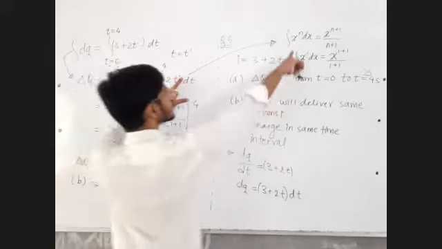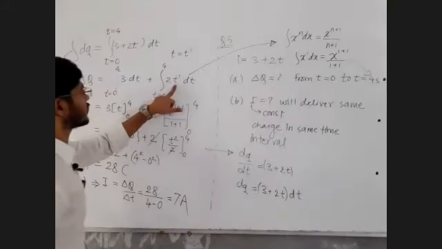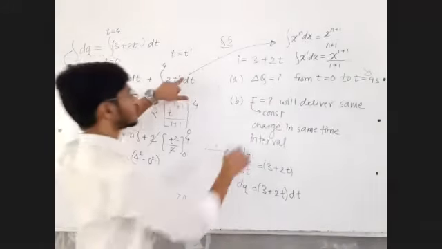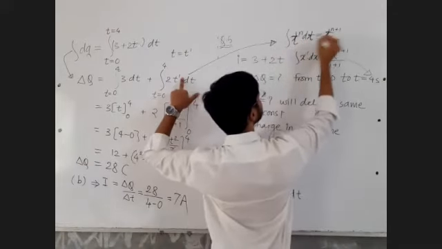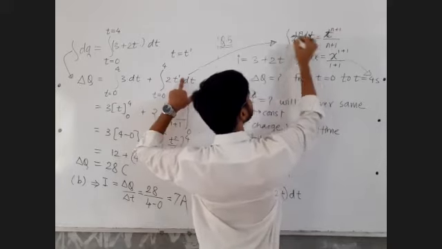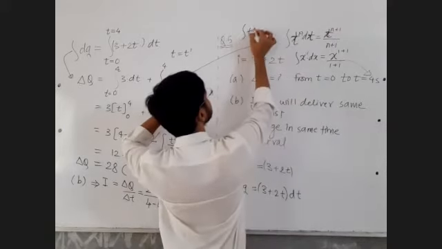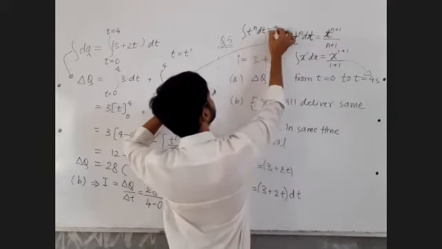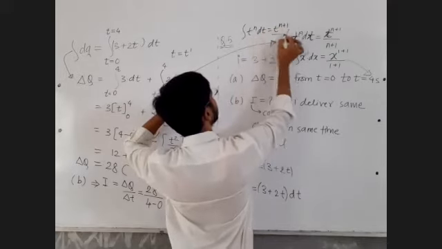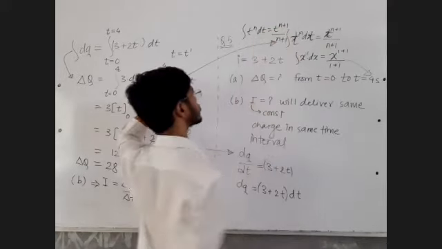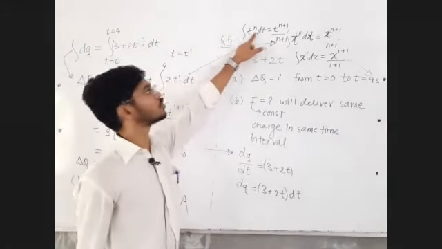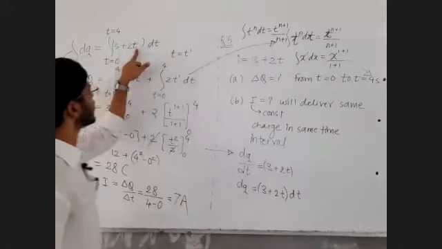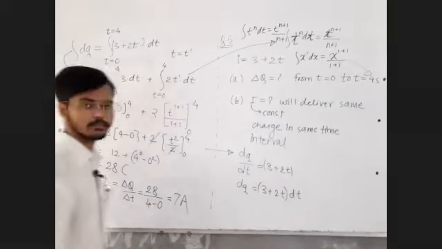Just like x raised to n, I can find the integration of t raised to n. You can replace the variable with t: t raised to n dt will be t raised to n plus 1 upon n plus 1. So the formula contains n and I should know the value of n. So I wrote that t as t raised to 1.